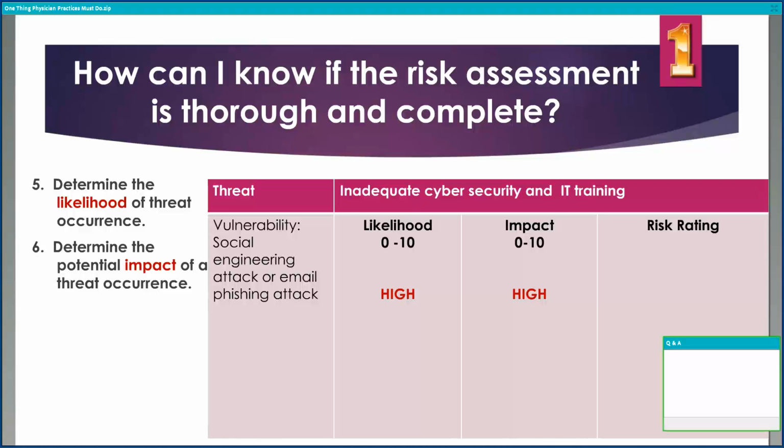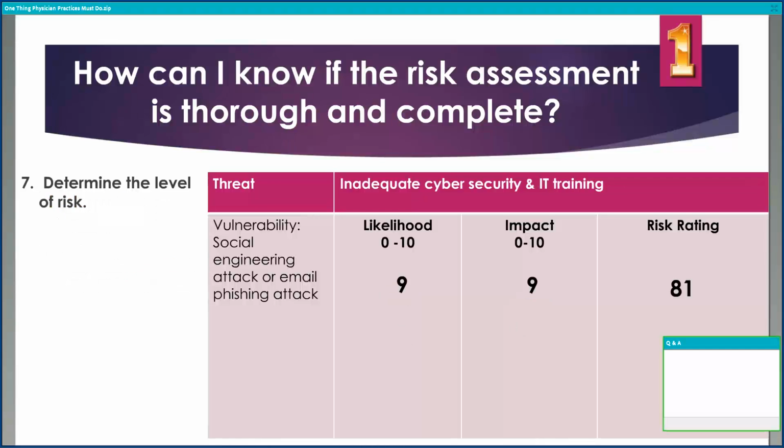That's often because that phishing attack may be actually the way that malware is being introduced into your system, your network, and that could represent a ransomware attack. Sometimes it's presented as a numeric value, and in this case we've chosen the example of 9 and 9, again on a scale of 10 to represent a very high level of impact.